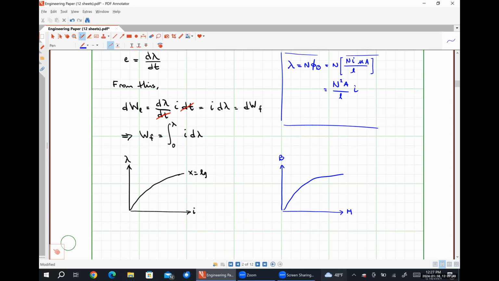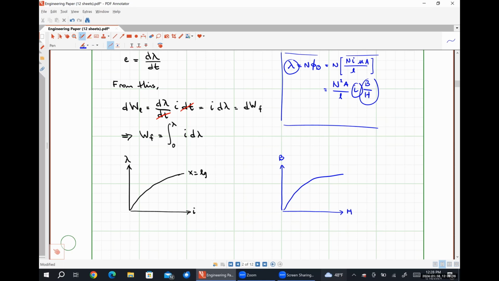Well, recall that mu is just the ratio of B divided by H. So our relationship between our flux linkage and I is directly proportional to the relationship between B and H, which is why these curves look so incredibly similar. Okay, so just trying to tie this stuff back to things that we've talked about before.